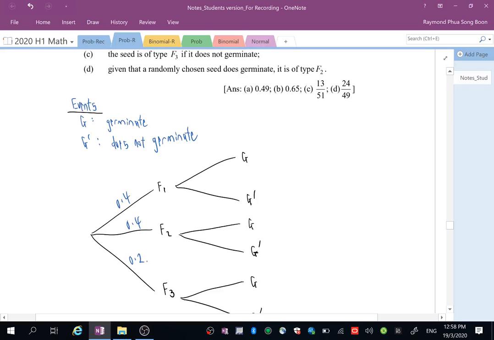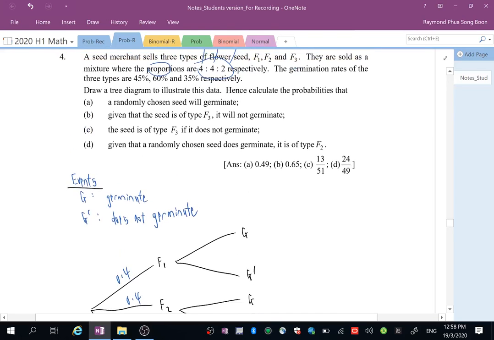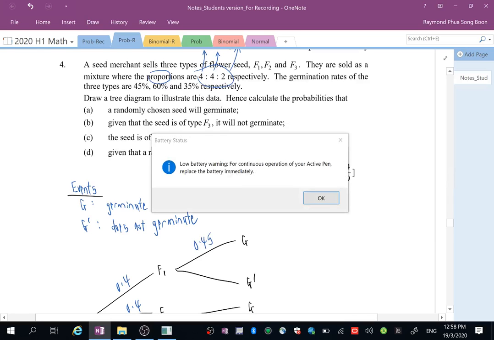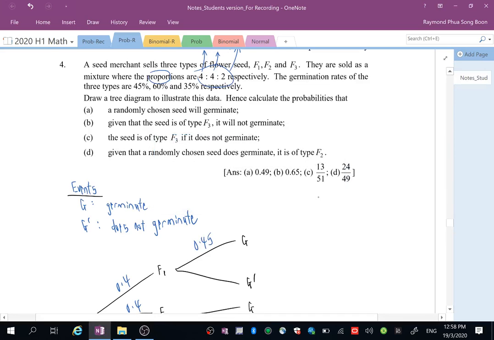So that's how you get the probability of F1 to be 0.4, F2 to be 0.4, and F3 to be 0.2. Then the germination rates of the three types are 45%, 60% and 35% respectively. So the probability that seed F1 will germinate will be 45 divided by 100, which is 0.45.